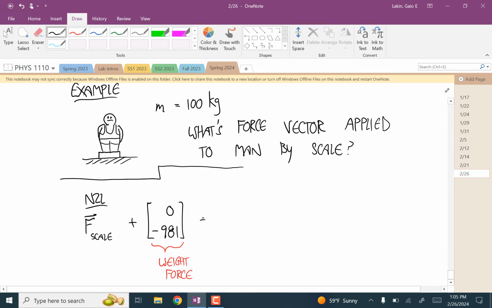And these two forces add up to the mass of the man times the acceleration vector of the man. Well, what's the acceleration vector? He's just standing. There would be a downward acceleration vector if he was in free fall or whatever, but he's standing on this thing and he's not going anywhere. Remember, acceleration is just a measure of how quickly velocity is changing. So in this case, the velocity is 0 the whole time, so the acceleration is 0 the whole time. Okay?